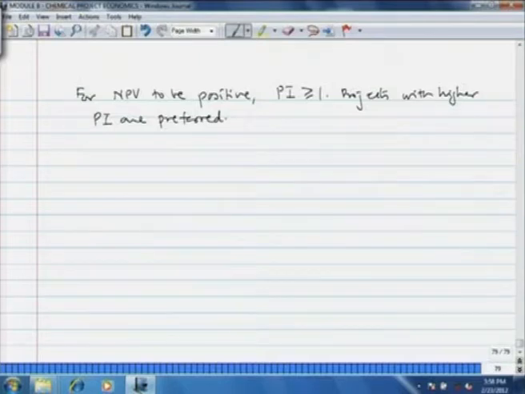Now, another method for project evaluation is the internal rate of return.